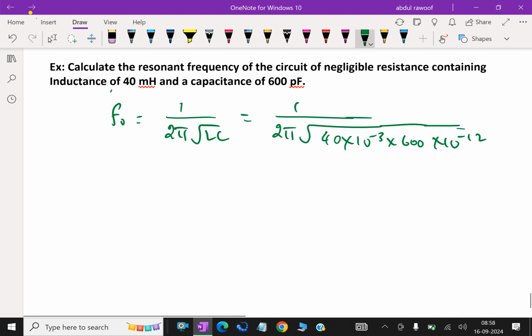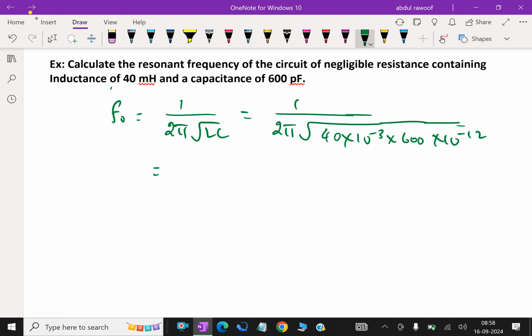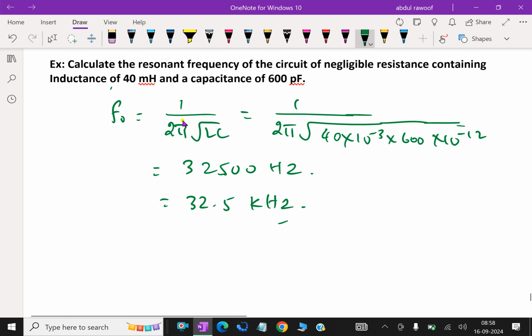By careful calculation, we have 32,500 hertz, which is further equal to 32.5 kilohertz. This is the resonant frequency of this circuit.